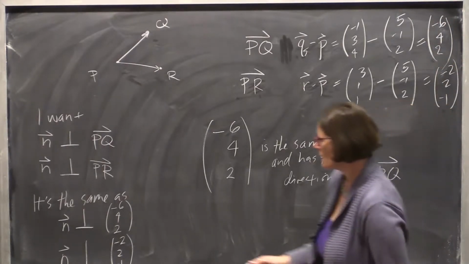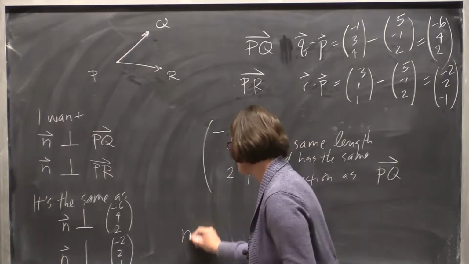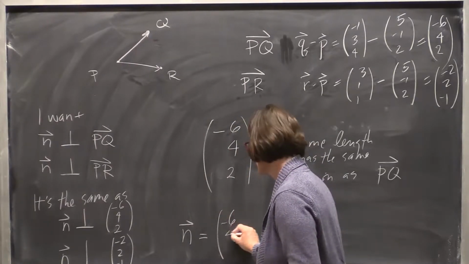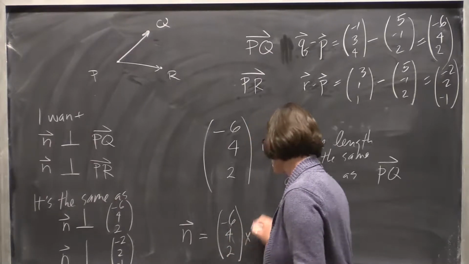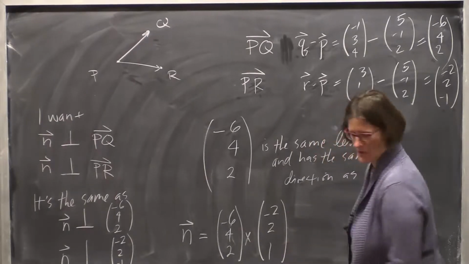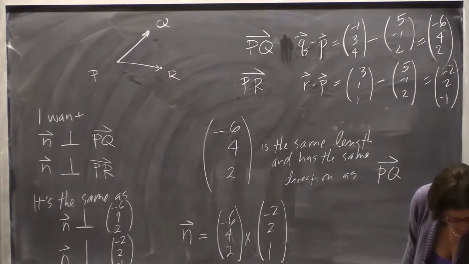So in any case, this clearly tells you that if you take n to be the cross product, -6, 4, 2, cross -2, 2, 1, then you're going to be OK, because the cross product is orthogonal.